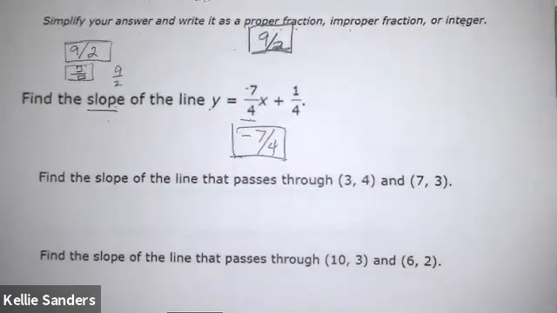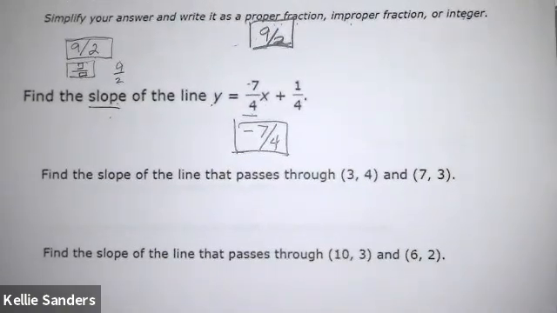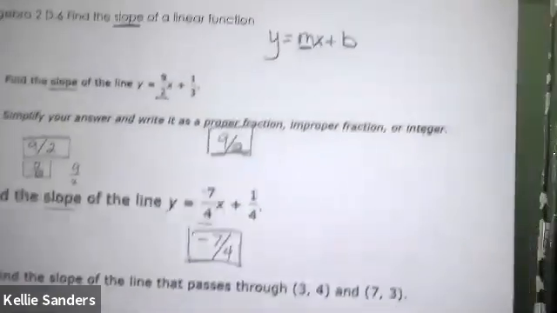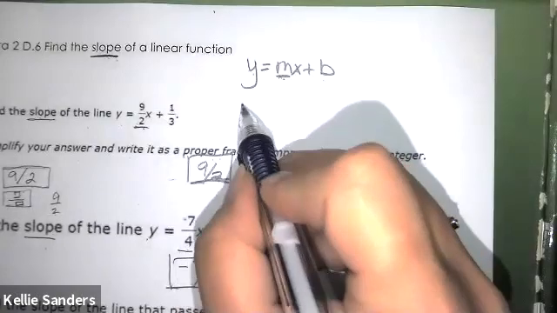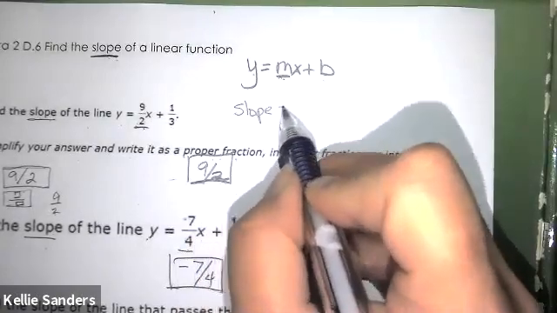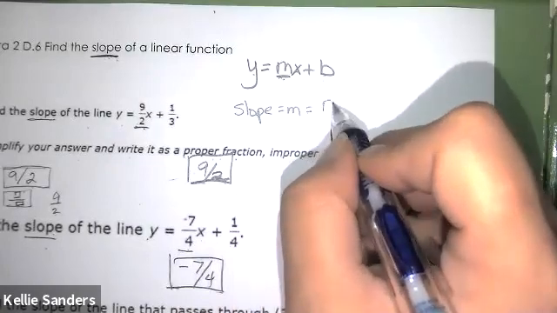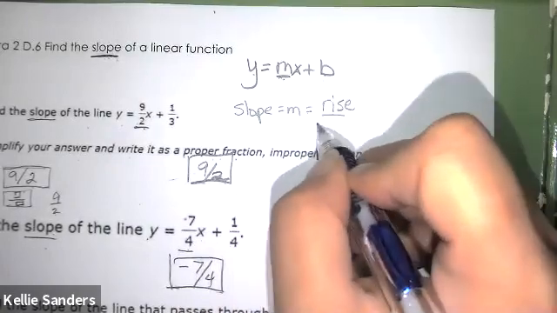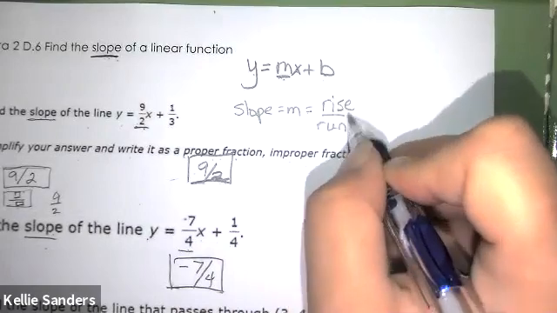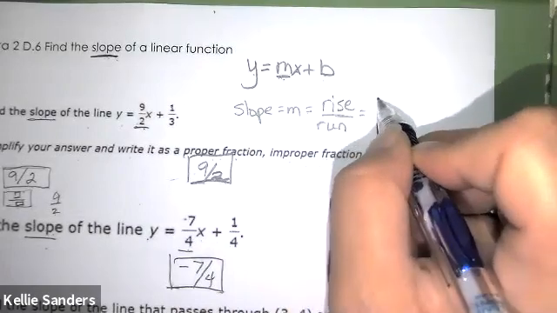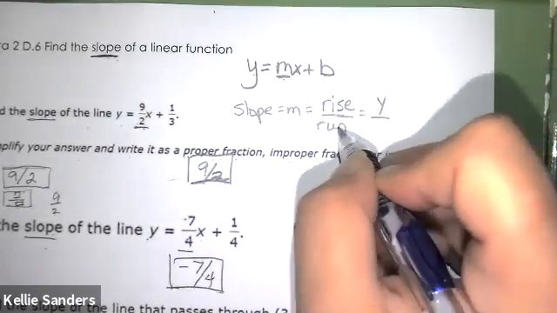All right, now, they don't give me an equation, they give me 2 points. Slope is m. M is rise over run. What rises? The y's rise. What runs?